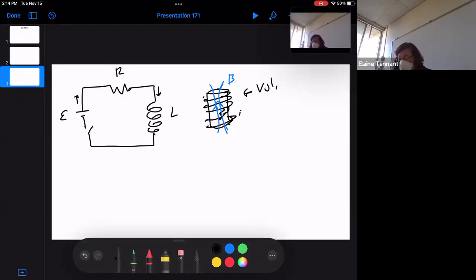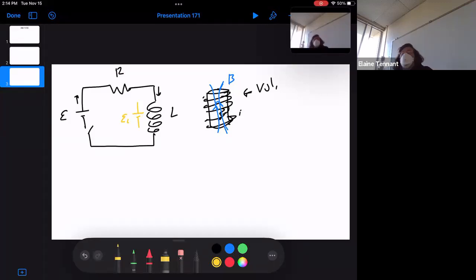No. So initially, when this circuit turns on, this inductor is going to look like a battery that opposes any current coming in. It's going to generate an EMF due to that flux changing.